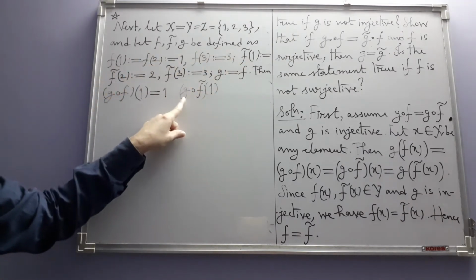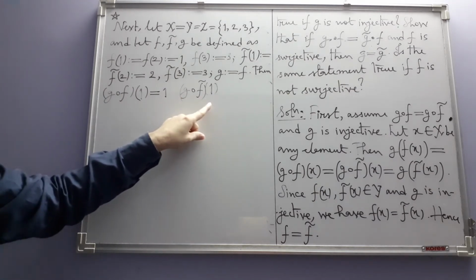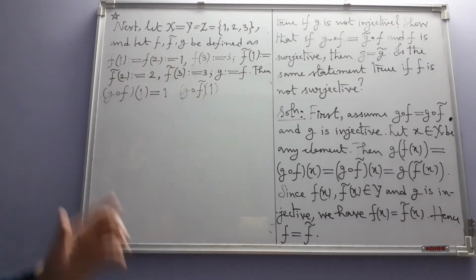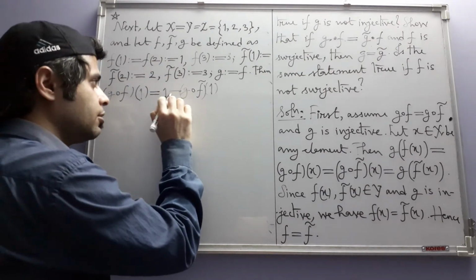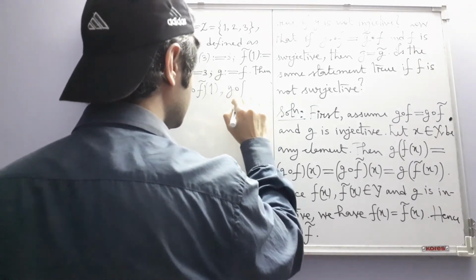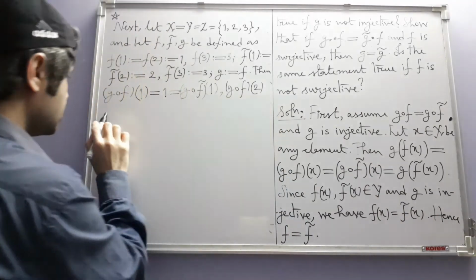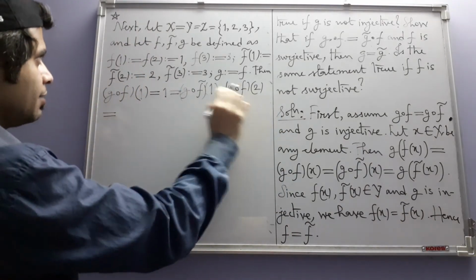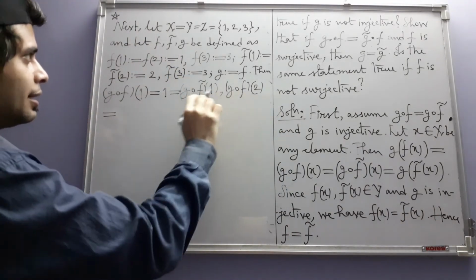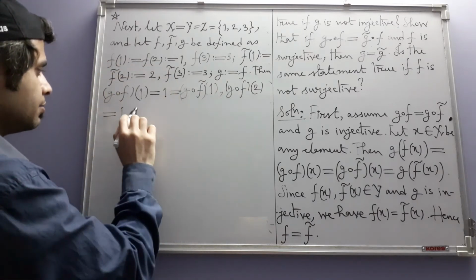On that 2 we are applying g, and since g is f, that means ultimately we have f of 2, and f of 2 is again 1. So these two things are equal. Okay. Then g composition f of 2 is equal to f of 2, which is 1, and g of 1 means f of 1, which is again 1. So this is 1.